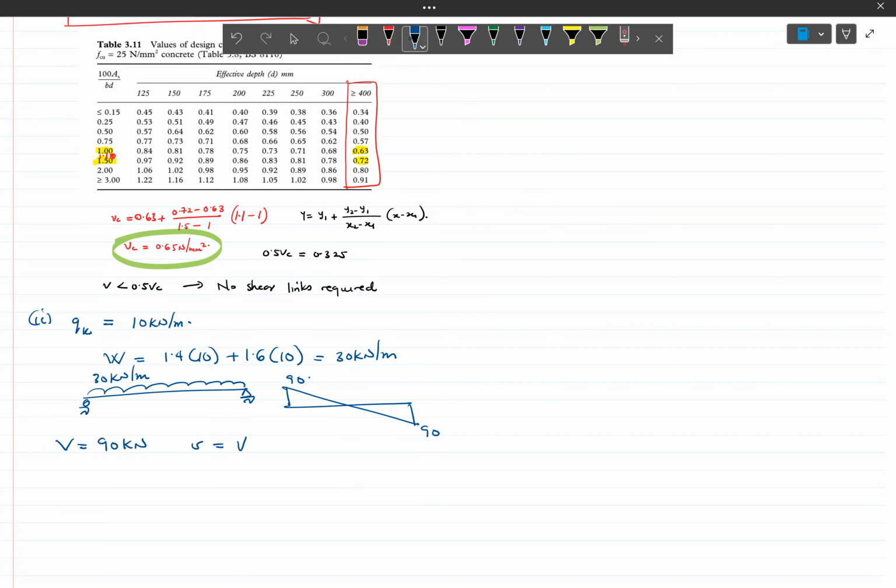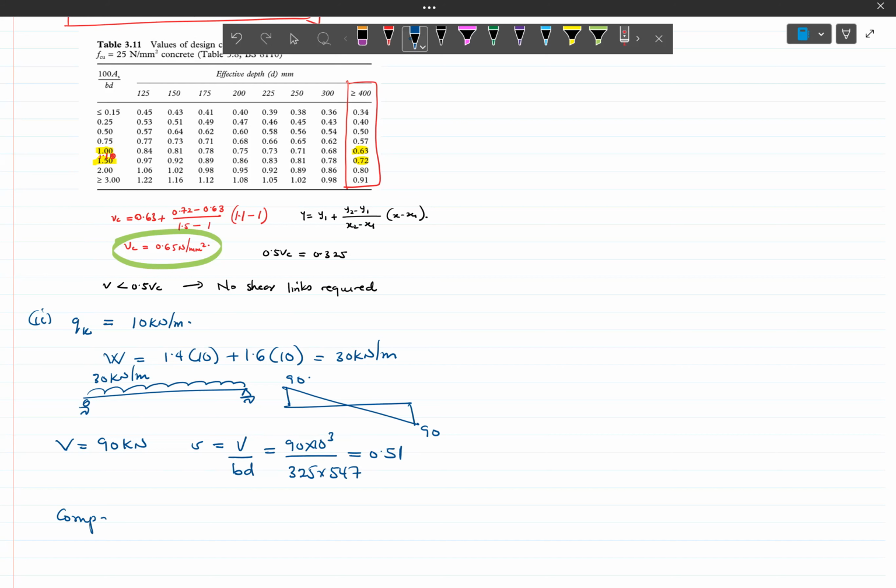So that's going to be big V over BD. And so it's 90 times 10 exponent 3 over 325 times 547. So this will give us 0.51.